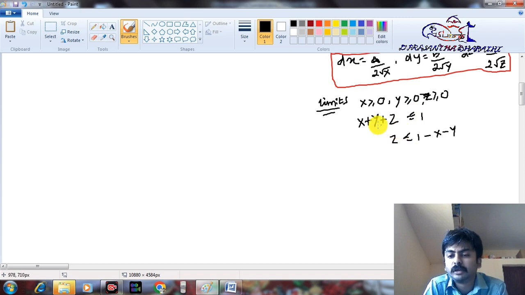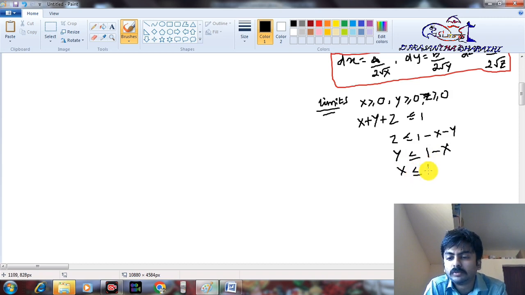So while writing the limit of z, I am having this. While writing the limit of y, I will not have z. See, while writing the limit of z, I am not having z on the right hand side. While writing the limit of y, I will not have both y and z on the right side. That is, I am having Y less than or equal to 1 minus capital X, and X less than or equal to 1.